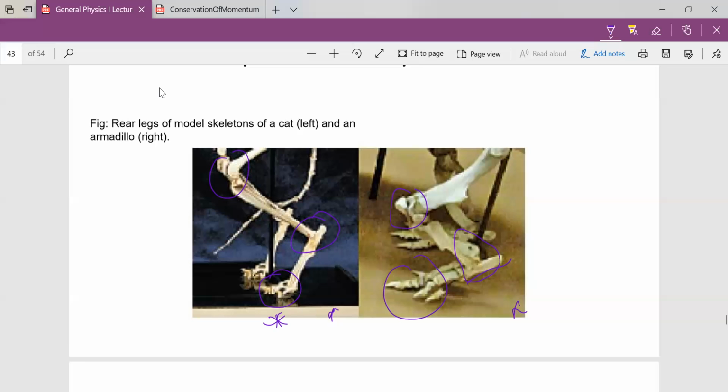Then for this animal, we see it has this habit that it has to dig to search for food. So its design here is such that it can easily dig, while this one is designed such that it can easily move.